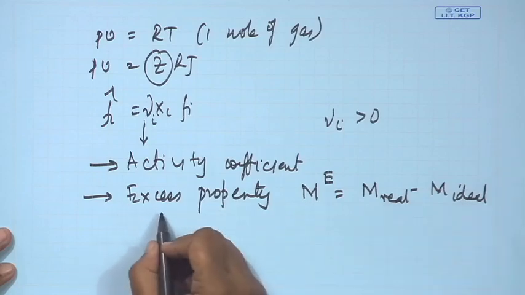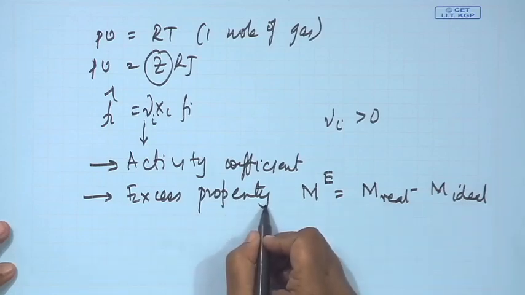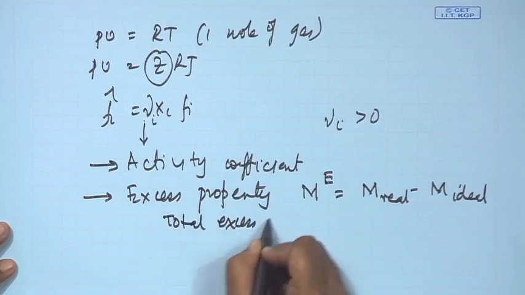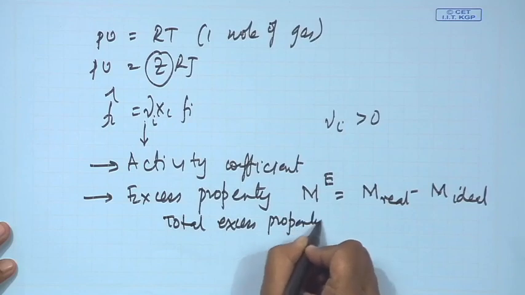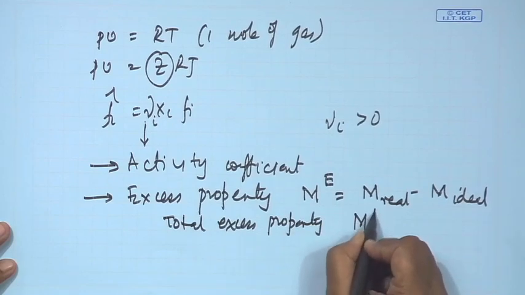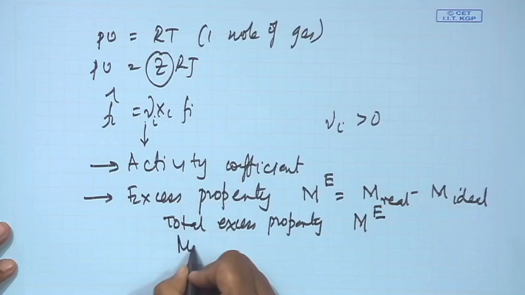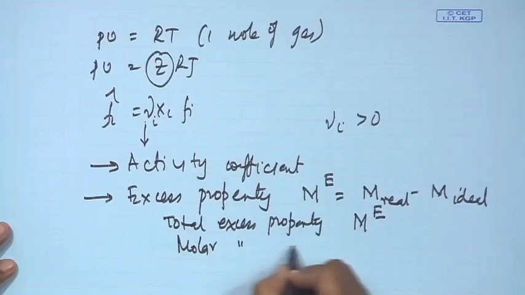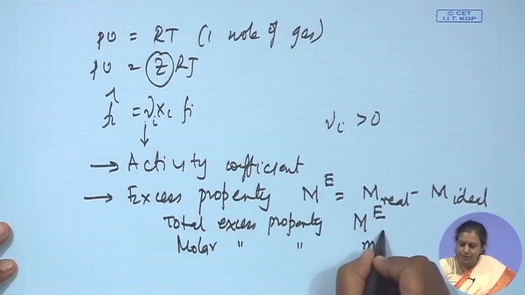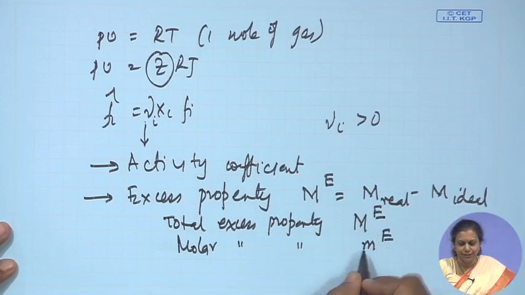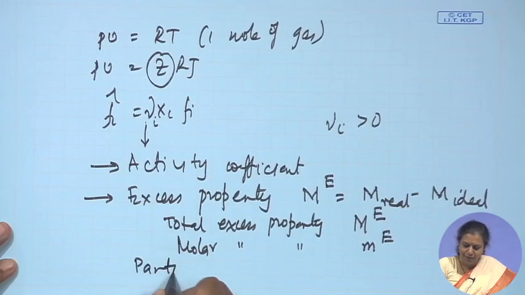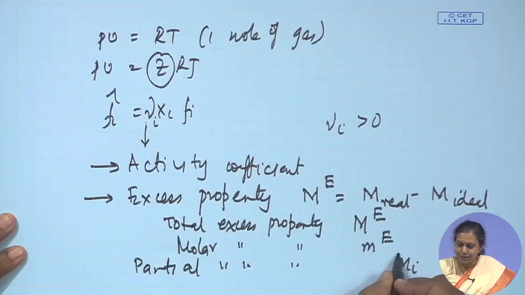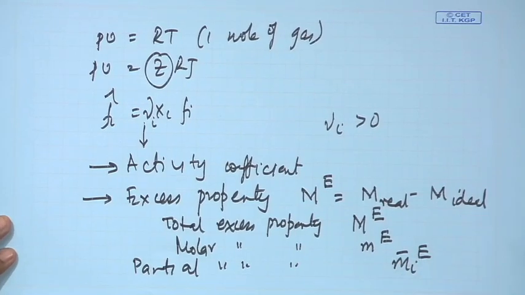Again, when we have defined a set of excess properties, we have total excess properties which will be given by capital letters with a superscript E. Naturally, when we have excess properties, all of these are extensive. We will be having molar excess properties which will be given by a small case letter, and very sadly we will also be having a partial molar excess property which will be given by this particular set.